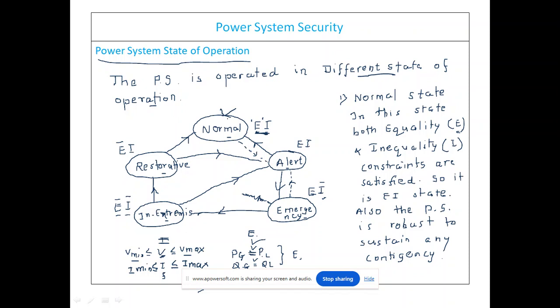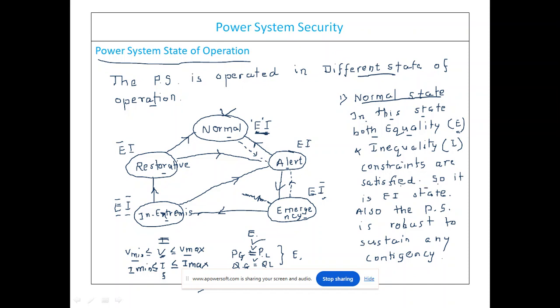So what is normal state of operation? Normal state means that in this state, both equality, that is load and generation are balanced, and inequality constraint, that is all the operating parameters, are within the limits, maximum and minimum, and are satisfied. Then we say that the power system is in the normal state.